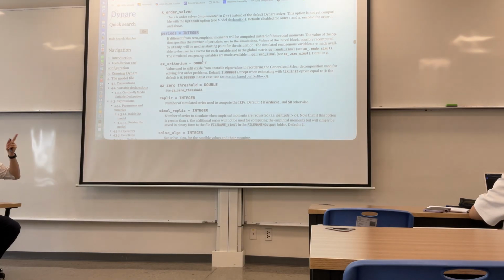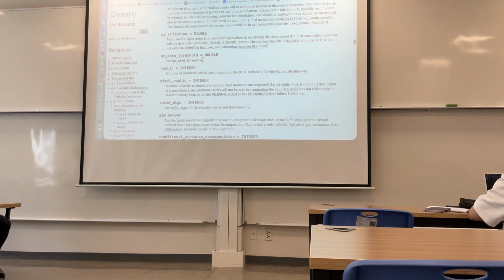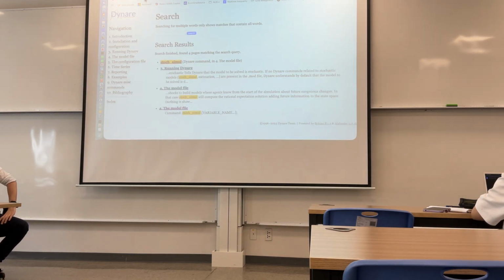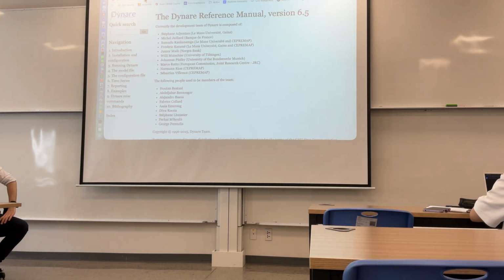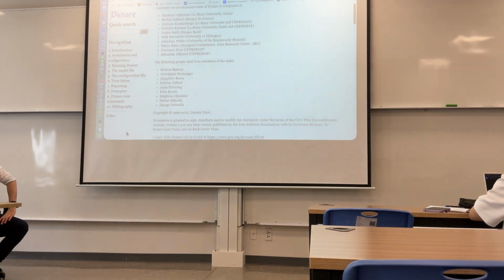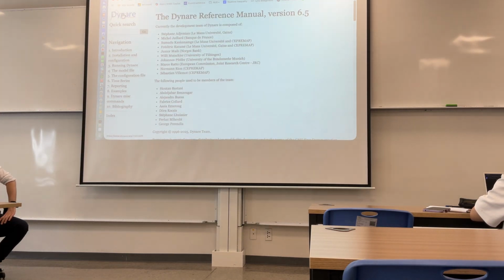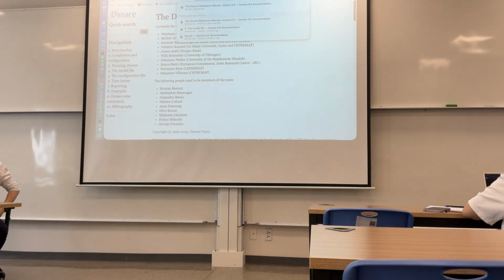So maybe you want to save that website in your bookmarks so that you can find this. You can also download this as an HTML file, by the way, or as a PDF file. I believe if you go back, let's see, there is, I think, a way to download this as a PDF. If you go to the Dynare website, I don't want the manual, I want the plain vanilla website.